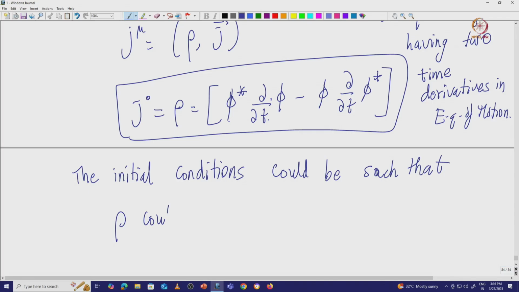Now you can see it from this equation itself essentially.